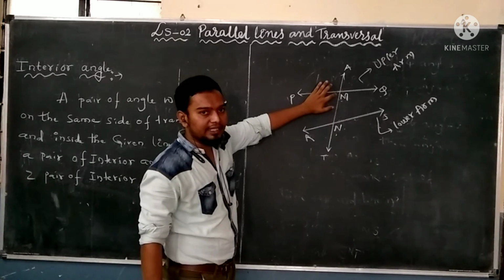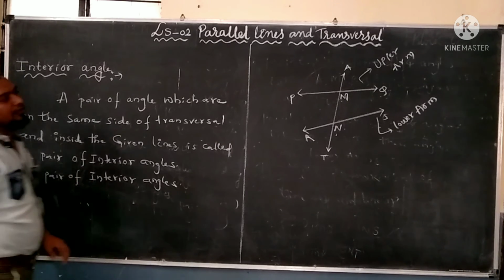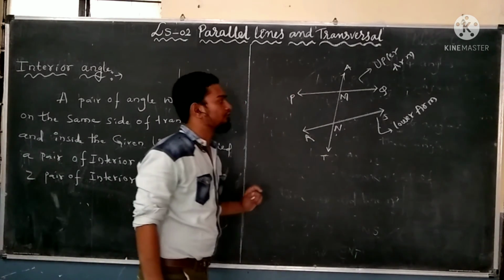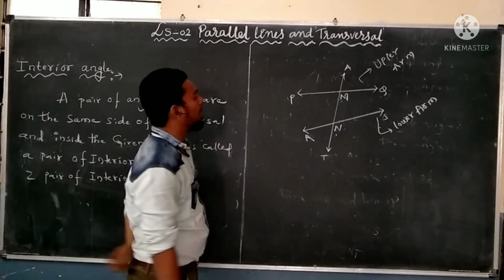Two pairs of interior angles are there in this figure. This is the upper arm and this one is lower arm.